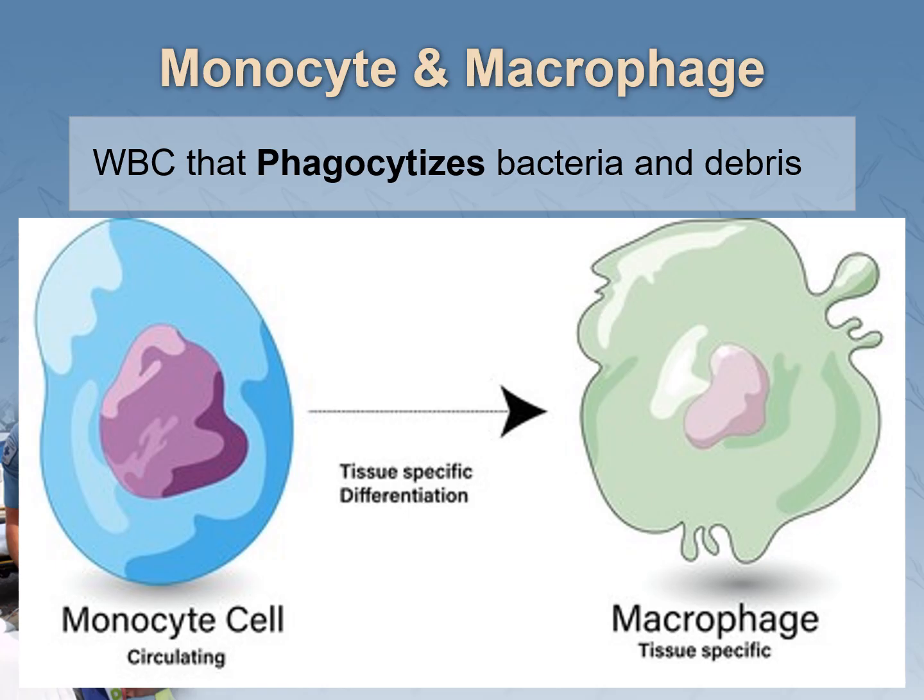When we have pus coming from a wound, or we're coughing up green or yellow sputum, that's the monocyte that probably became a macrophage, did its duty, ate up something, and then pretty much is dead. That's what pus ends up being: dead monocytes and macrophages.